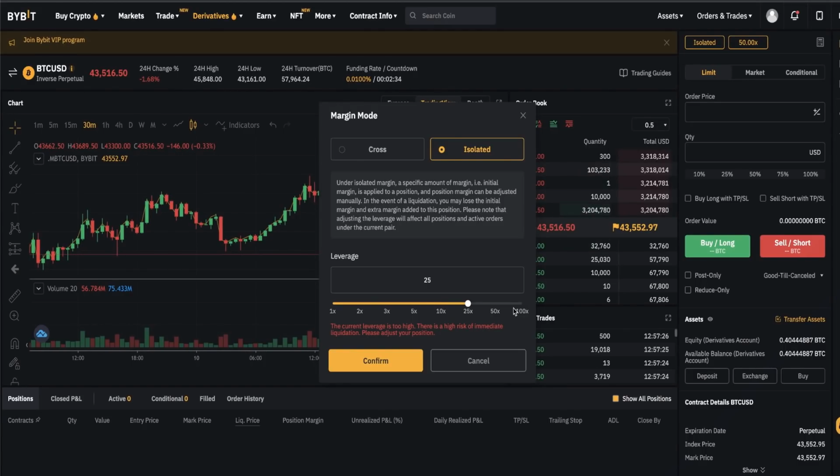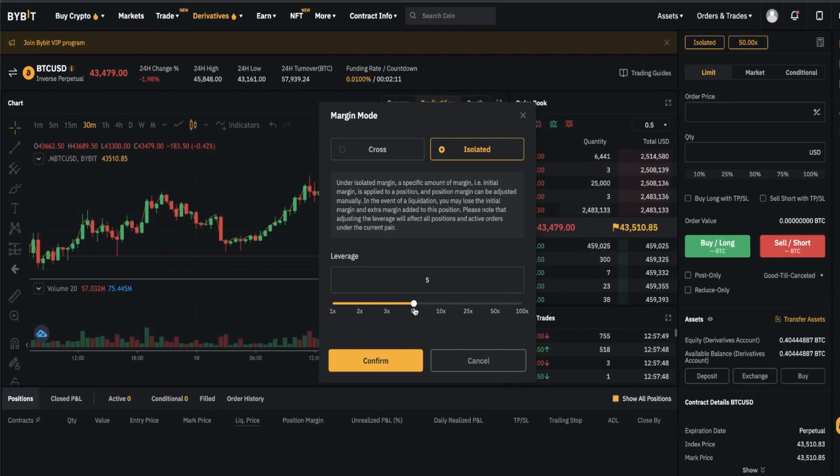So in this situation, you want to keep your position sizing very low. Again, let's say we have one Bitcoin sitting in our trading account. If you're doing a 25x or 50x trade, you probably don't want to be using any more than 0.01 or 0.02 Bitcoin on a trade with 25x leverage, because your risk of loss becomes very, very high.